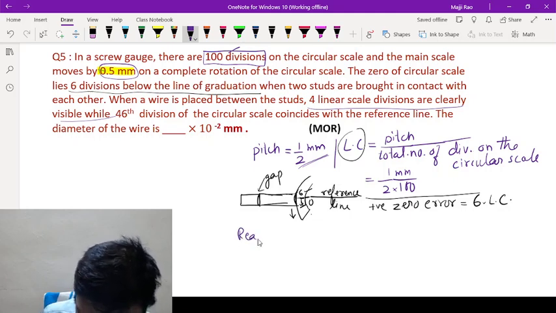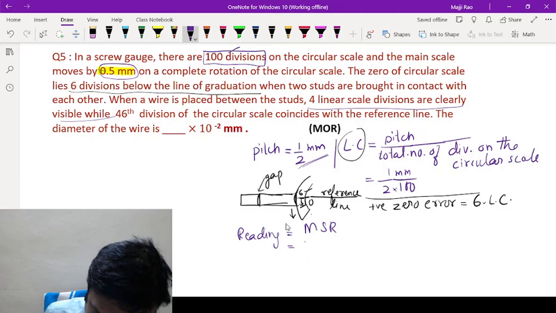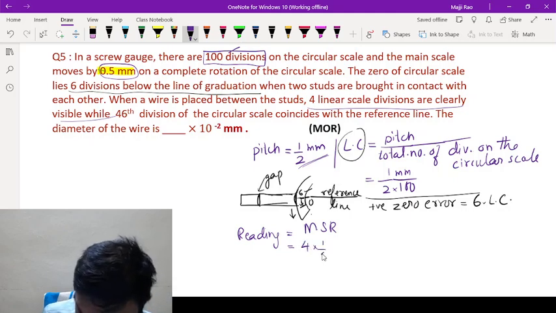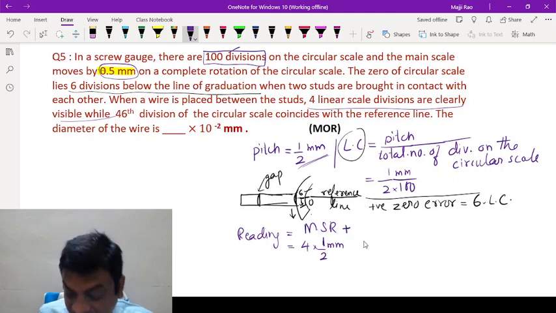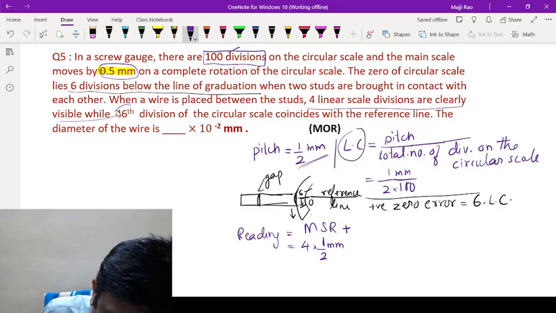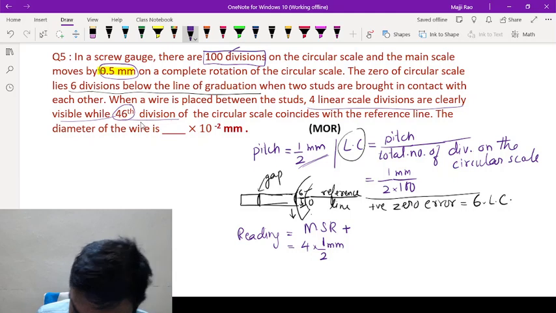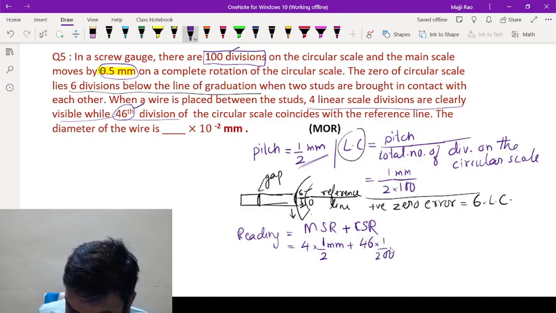So the main scale reading will be four times the pitch, plus the vernier scale reading, which is the division on the circular scale coinciding with the graduation line multiplied by least count. Which division coincides? You can see the 46th division coincides, and least count is 1 by 200.